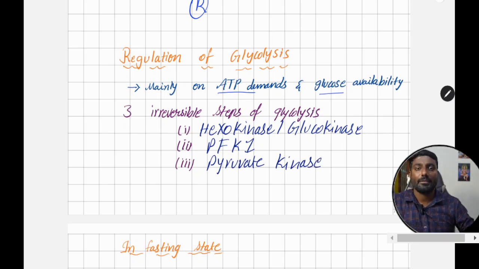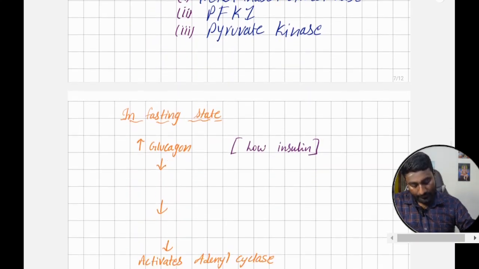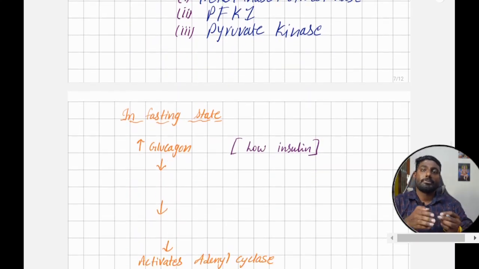Now let us see how insulin and glucagon act on the enzymes and how they regulate. If you remember this simple thing, you can write n number of questions whatever they give on phosphorylation or dephosphorylation. First you see whether it is fasting state or fed state.